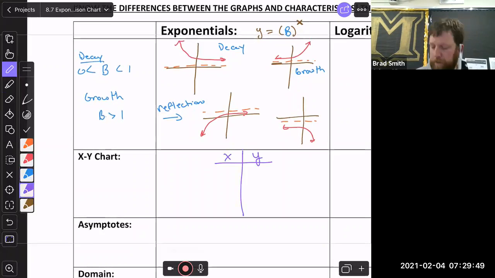Before we do our transformations, we're choosing 0 and 1 for my x's, right? If I plug 0 into that equation up top, b to the 0 power is always 1, because anything to the 0 power is always 1, right? b to the first power, anything to the first power is what?